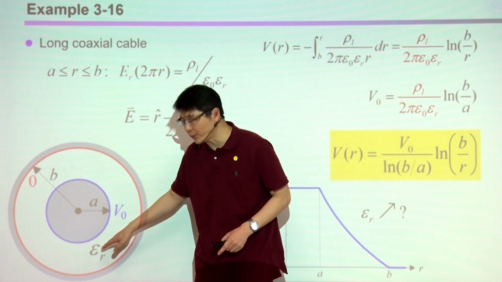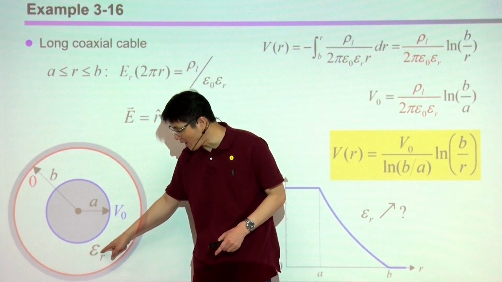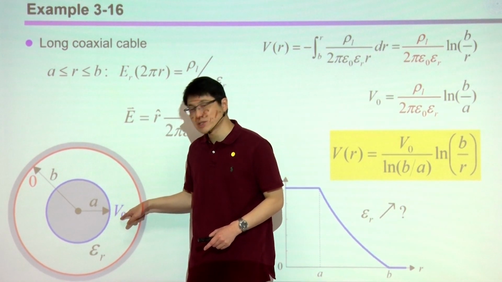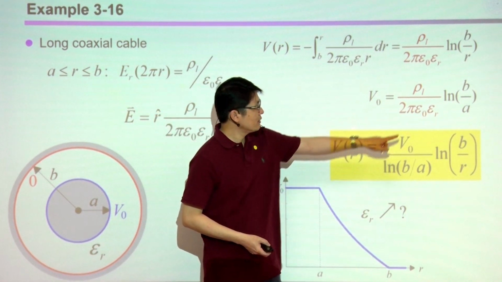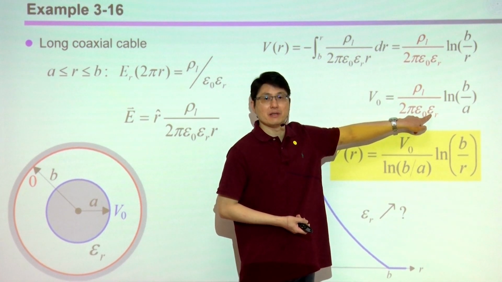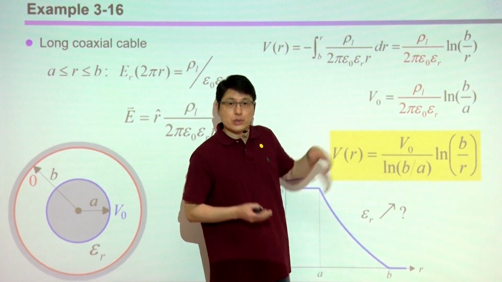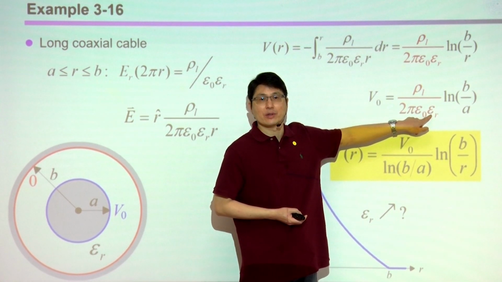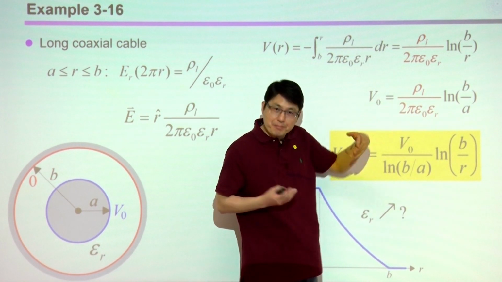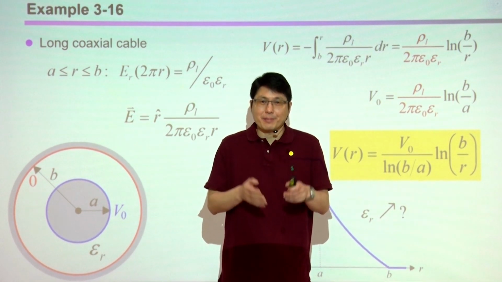So if you have a very good insulator with a very high epsilon r, this V0 tends to become 0, right? If you let this guy be infinite, this is 0. So what kind of material can give you an infinite relative permittivity? Metal, right? Think about it.